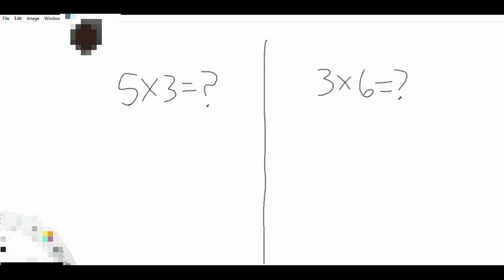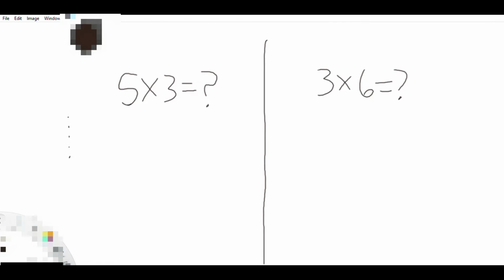So 5 dots. Maybe I could do better than that, so I'll undo that. I'll do that, do that, do that. And let me make that denser.